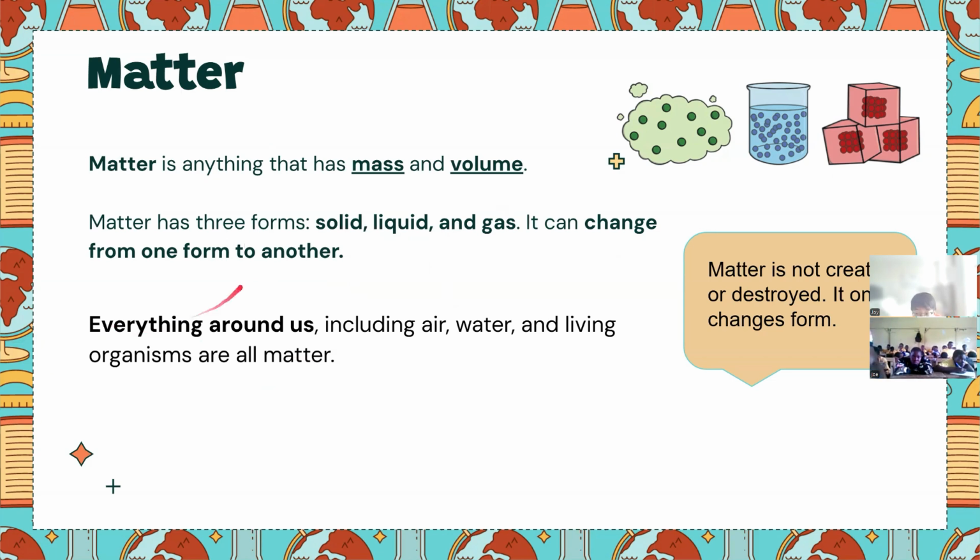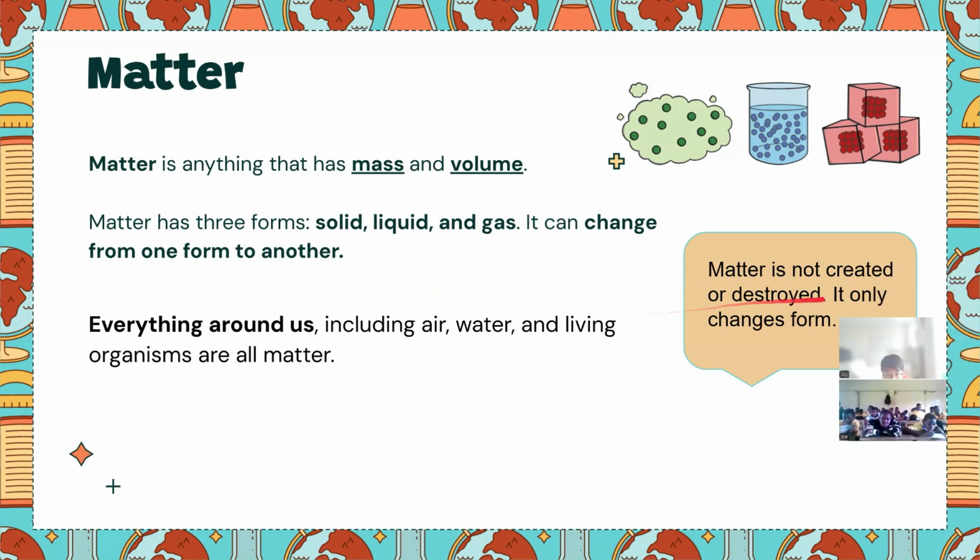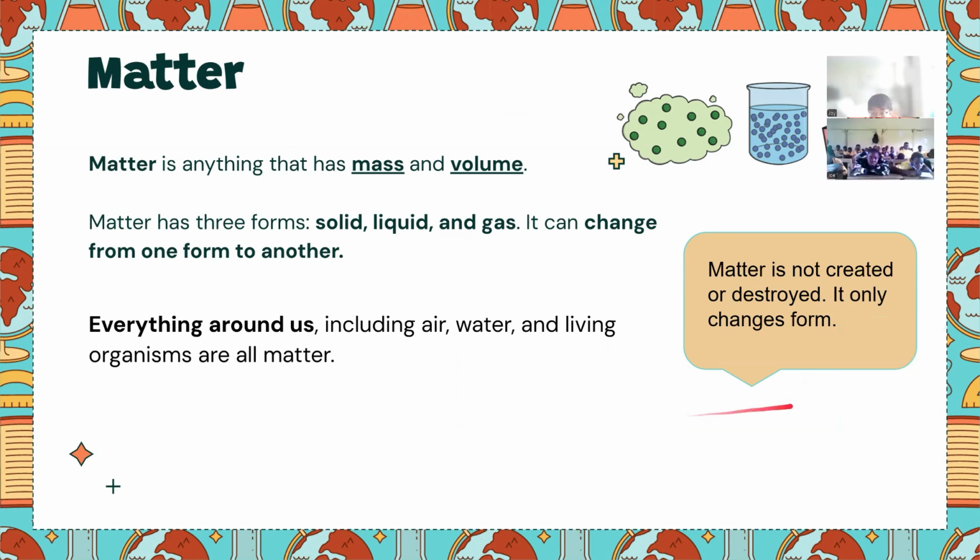Everything that we can see and touch around us is matter, like air, water, and living organisms. And matter is not created or destroyed. It only changes form. This is called the law of conservation of mass.